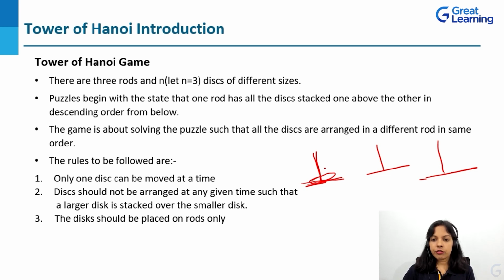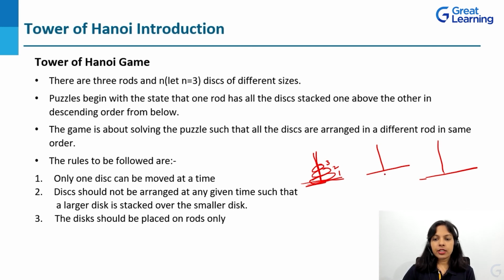The next disk stacked above this will be a little smaller than the first one. This is the first disk, this is the second disk. The third disk will be a little smaller compared to the second one. So the smallest disk will be placed on the top and the largest disk at the bottom.